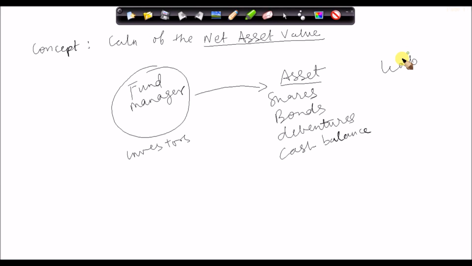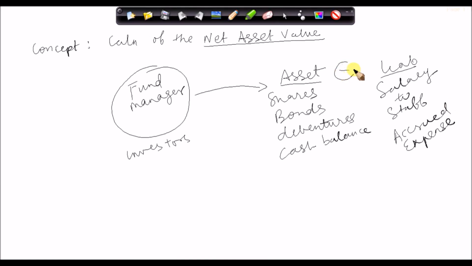The liabilities would be the salary payable to the staff who handles the fund. There would be certain accrued expenses or outstanding expenses. So when I deduct asset minus liability, I'll get something which is called the net asset value.